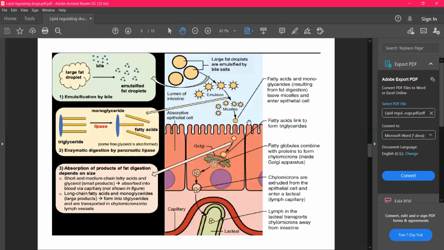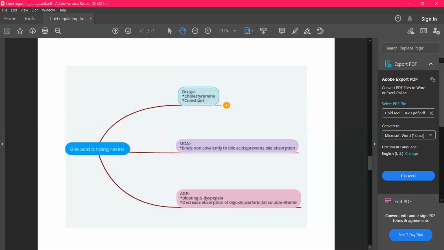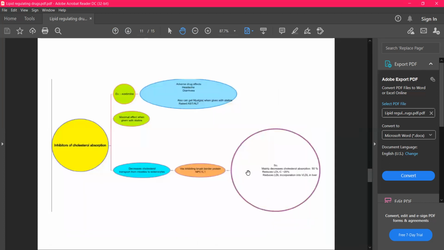Right. So the micelles get transported into the enterocytes through a transporter protein called NPC1L1. Ezetimibe will inhibit these transporters over here. So basically, these decrease the transport of micelles into the enterocytes by inhibiting that NPC1L1 transporter.